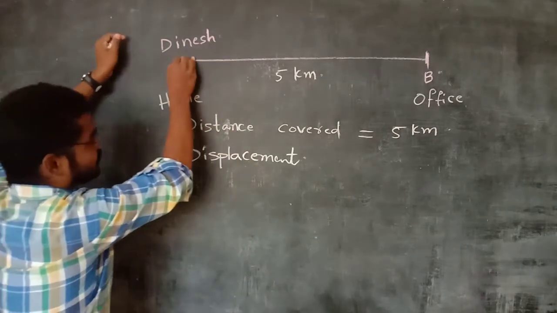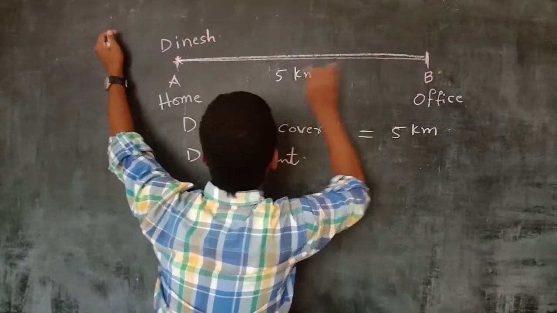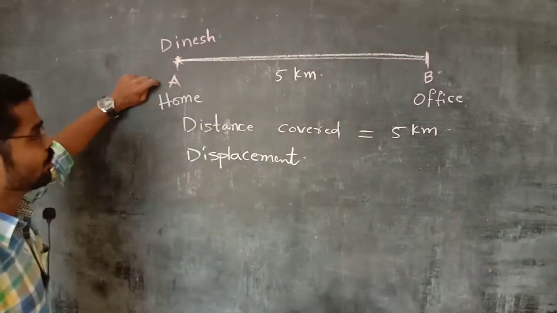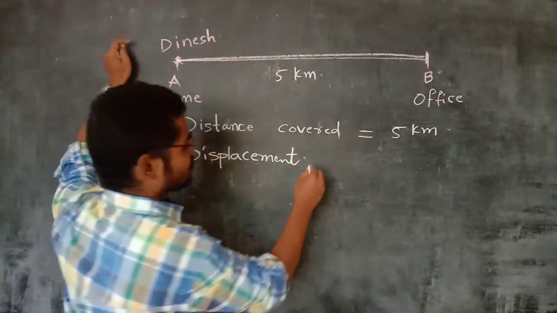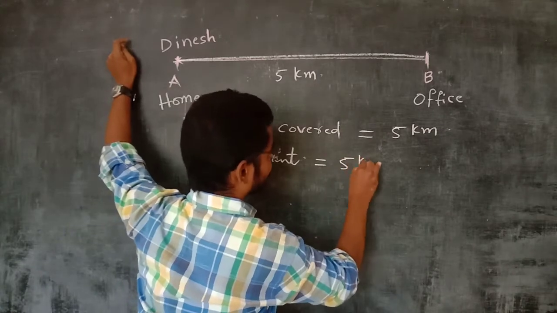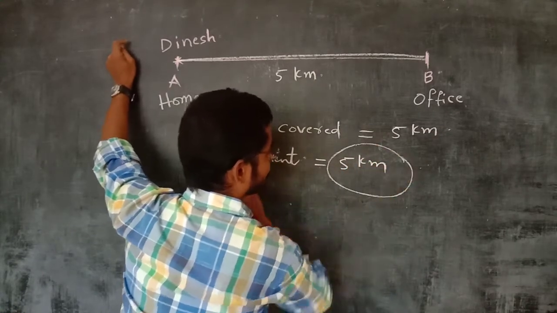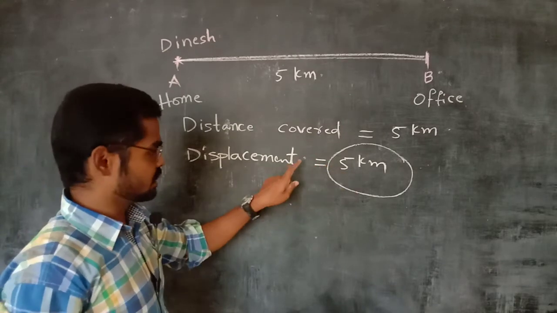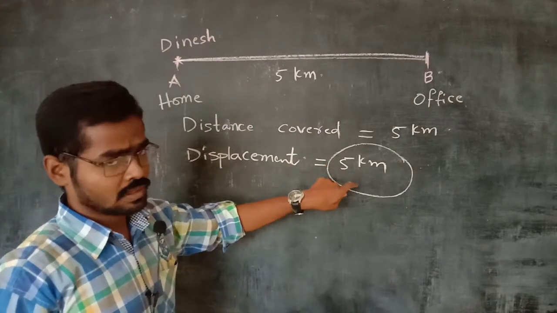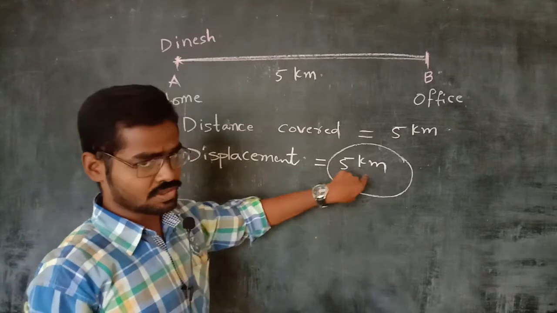You just join a straight line from the starting point and the ending point. Home is the starting point and office is the ending point. So what is the path length? It is 5 kilometer. So what we have observed, displacement can be in the first example 0 and in the second example negative, and in this example it can be positive also.